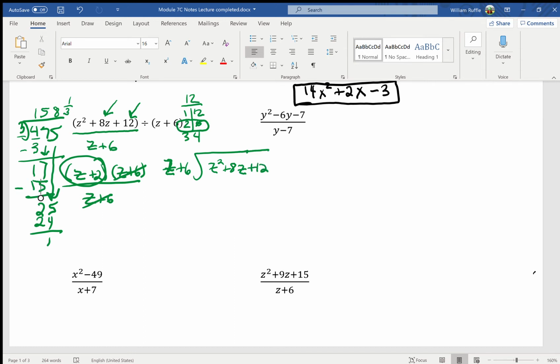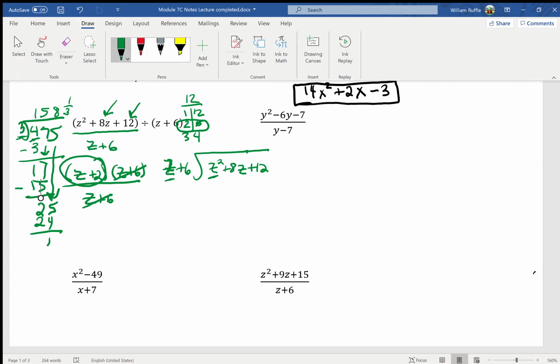So again, when I did 3 into 4, I have to look how many times does z go into z squared. Now, this I'm going to do in a little sidebar here. I'm going to do z squared over z, which reduces to a z. So that means my first number up here, or letter, is z.